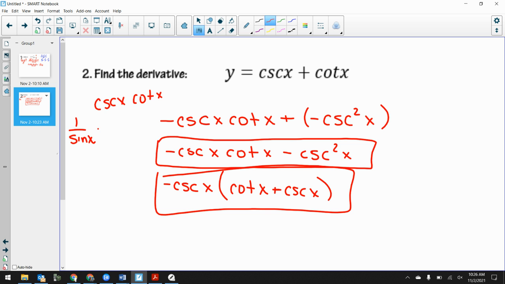Cotangent is cosine over sine. You should always check when you're multiplying those things with the tangent, because maybe, just maybe, you'd be able to reduce it down. But this one, I'm going to end up getting cosine over sine squared. And that's not going to do anything for me.